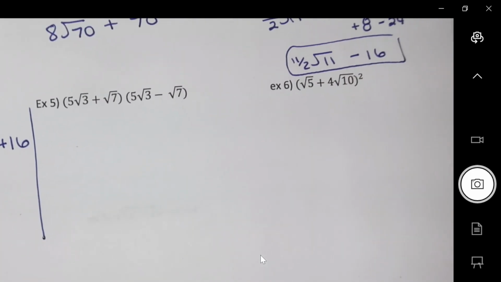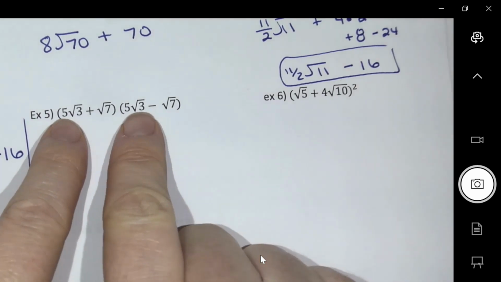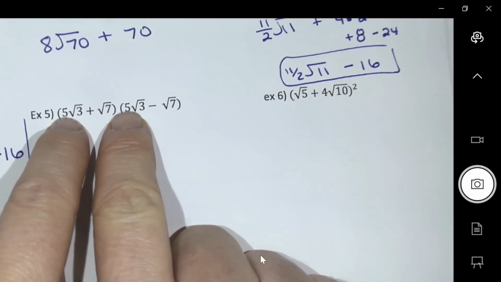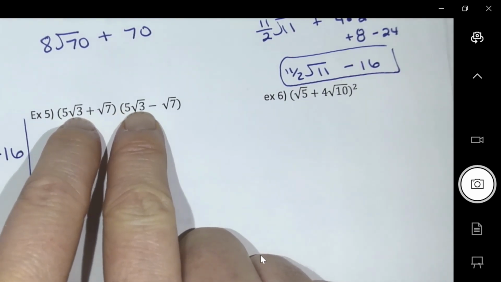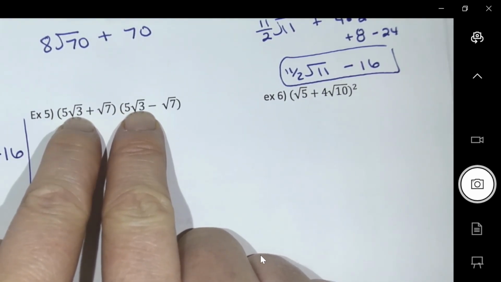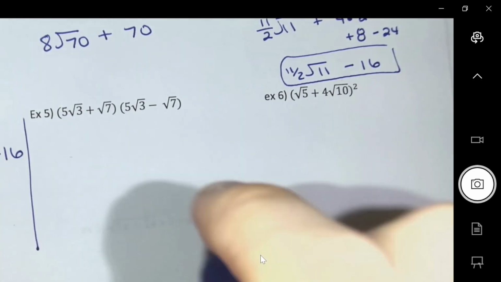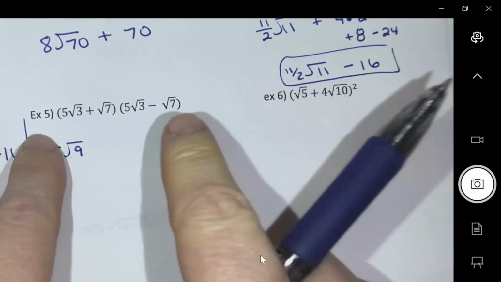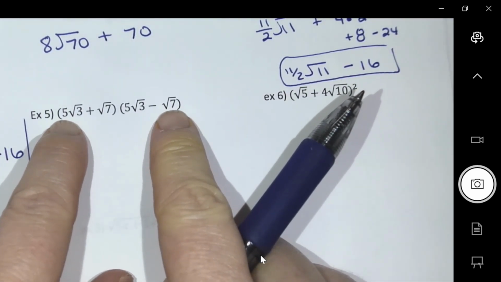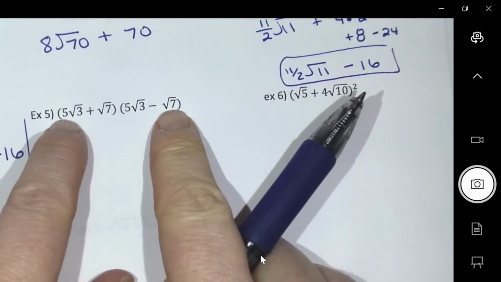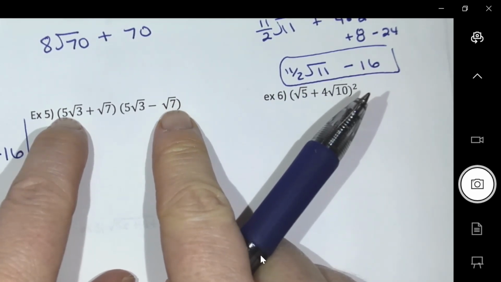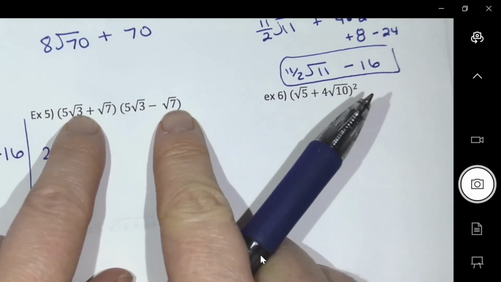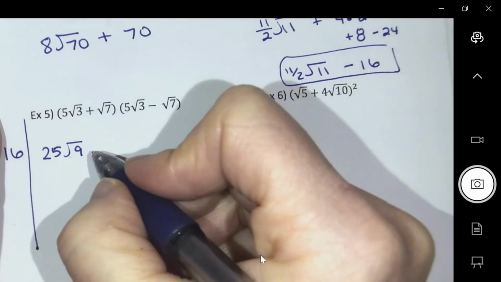Okay, next. You ready? First times first makes 25 root 9. You see it? 25 root 9. Outsides make negative 5 root 21.